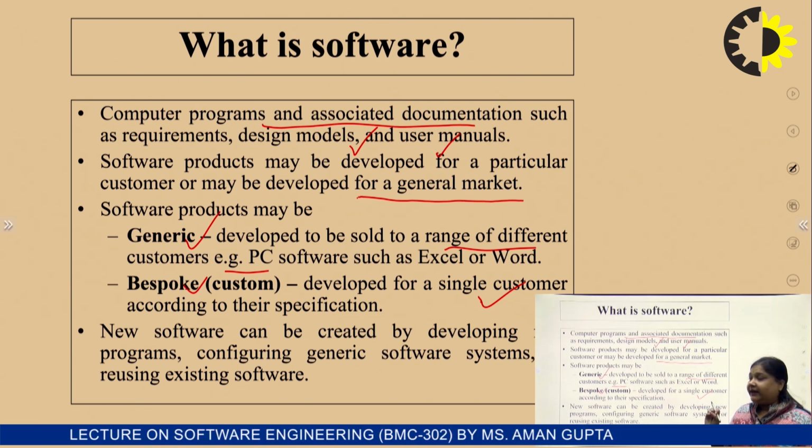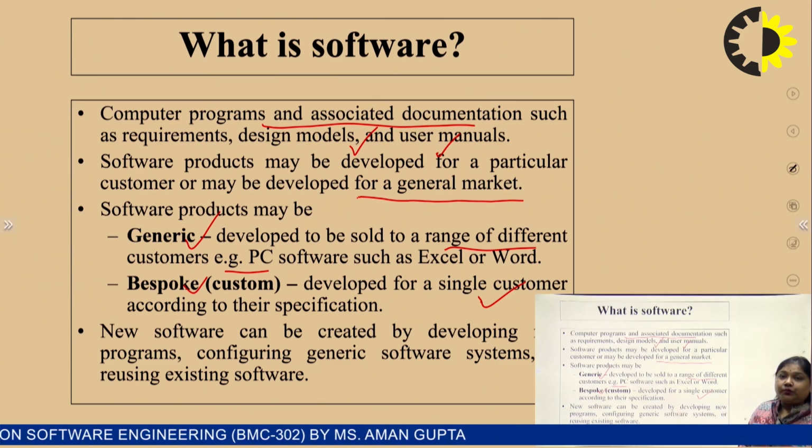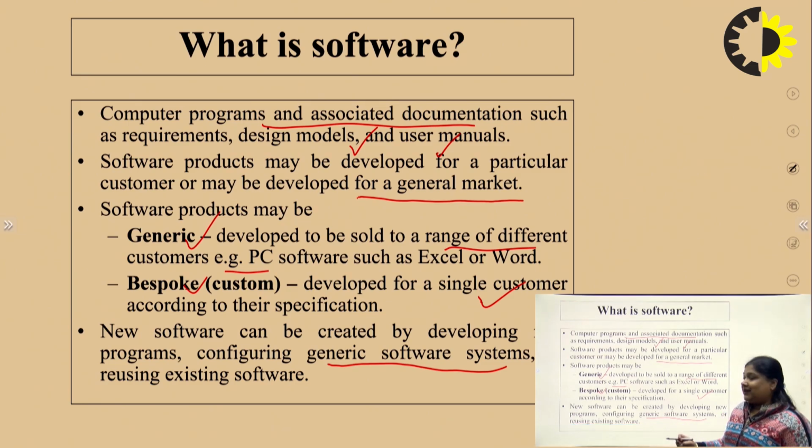New software can be created by developing new programs, configuring generic software systems, or reusing existing software. So a new software may be developed from scratch, or he can use generic software and customize it, or reuse existing software as a template and then modify it.